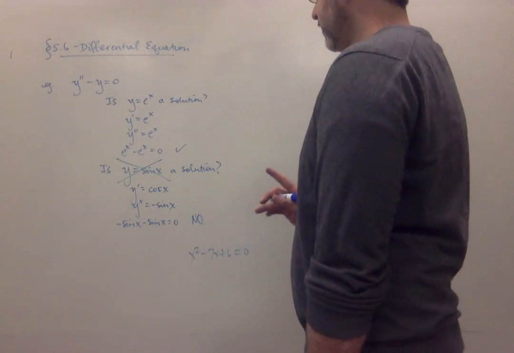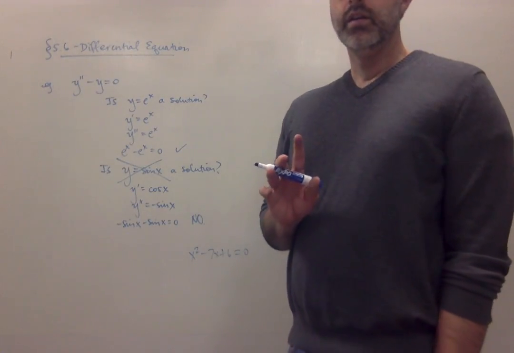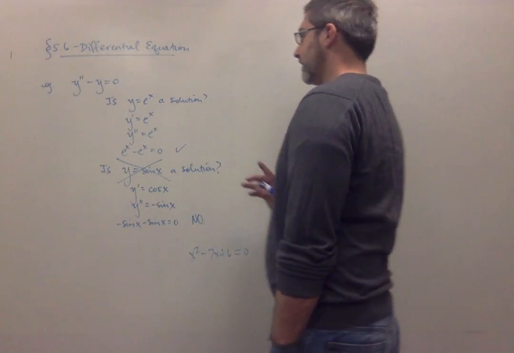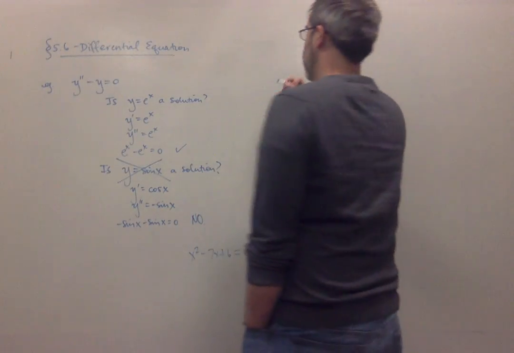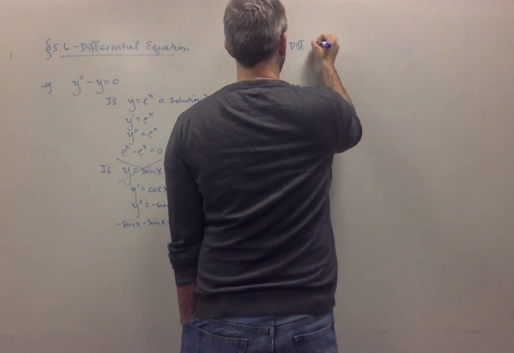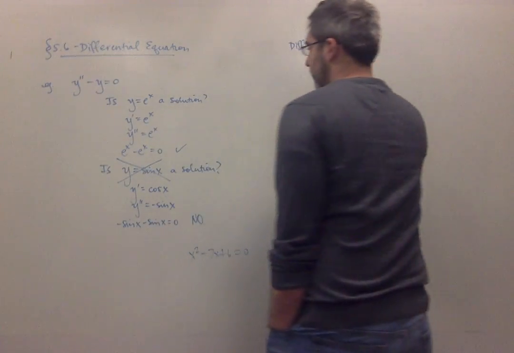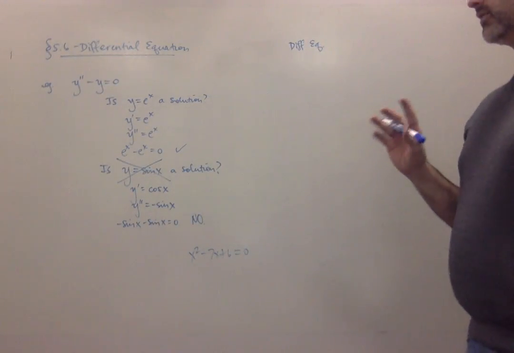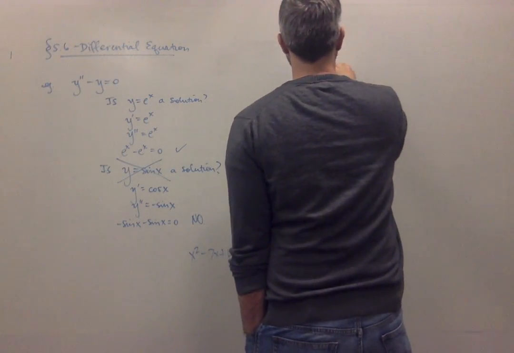Now, one of the things that ends up happening is that differential equations are generally categorized into different groups. And one grouping that we often use is we talk about the order of a differential equation.